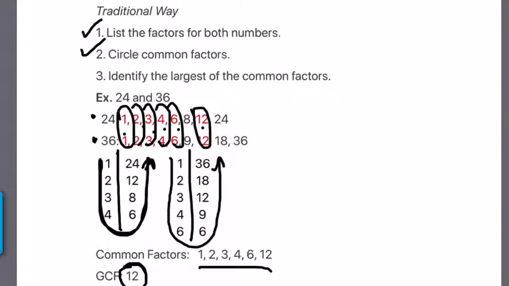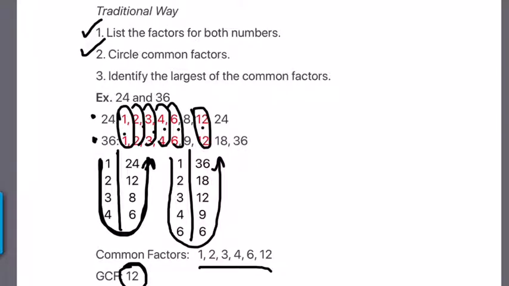This way works, but it takes a lot of time. And it is often one where my students make mistakes because they will forget or miss one of their factors.